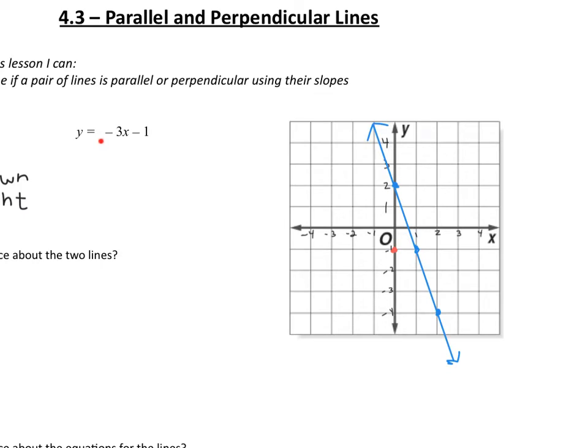The slope happens to be negative 3, same as the first equation. With a slope of negative 3, remember that's the same thing as saying negative 3 over 1. That's going to tell us to move 3 units down and 1 unit to the right.